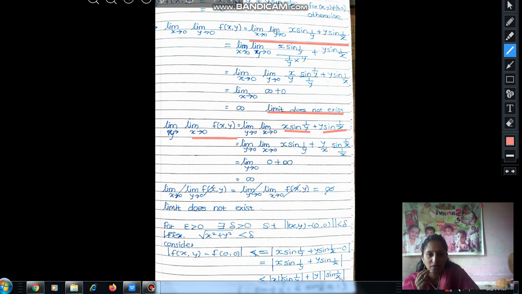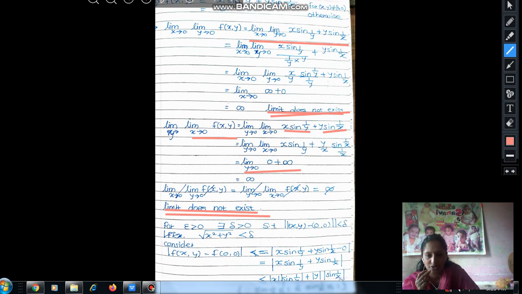So you get limit y tends to 0 of 0 plus infinity, which is equal to infinity. That means the limit does not exist. So in the first case we get the limit does not exist, and in the second case also the limit does not exist. This means the iterated limit of this function does not exist.